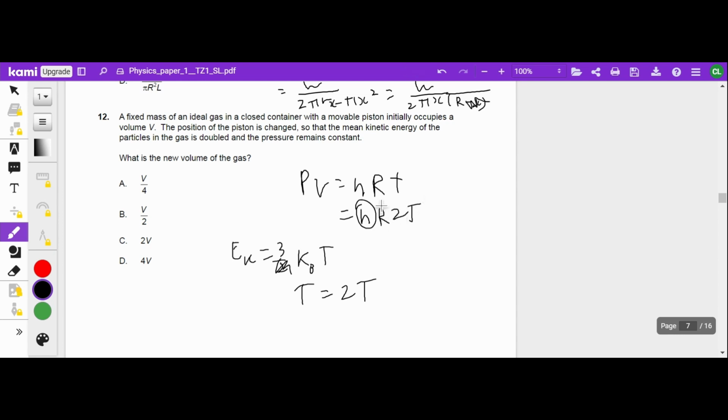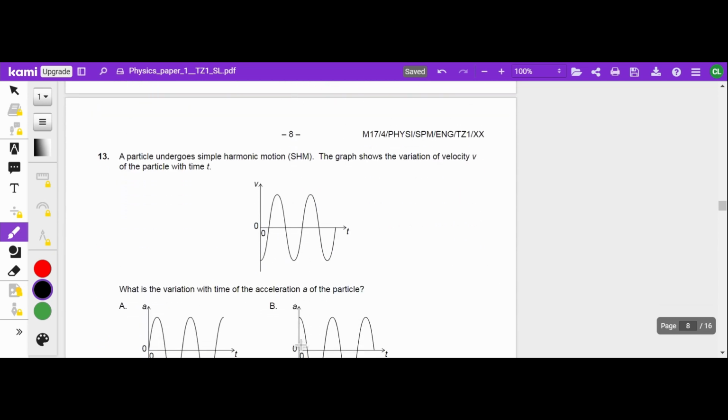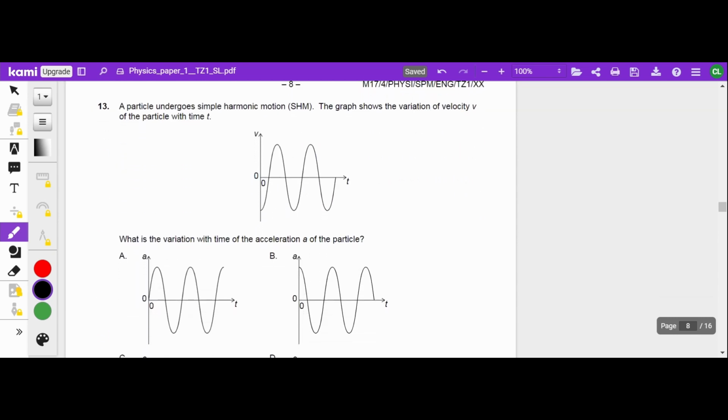And because n is constant, R is constant, P is constant, and only T changes, that means that V has to also be 2V for the pressure to be constant. So the answer is C, 2V.